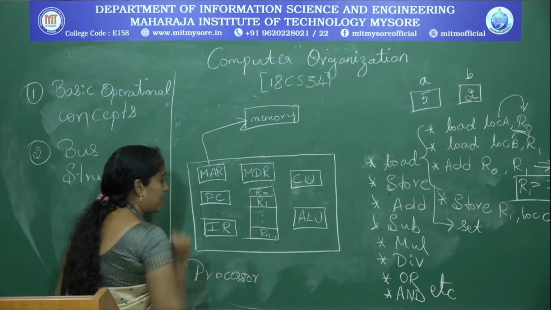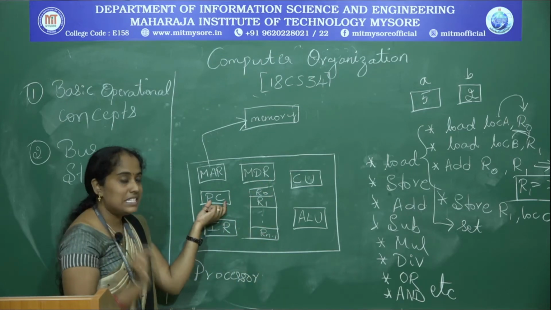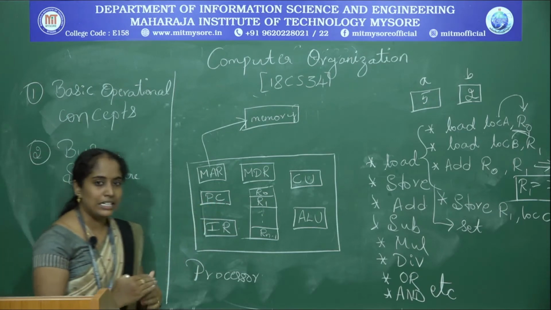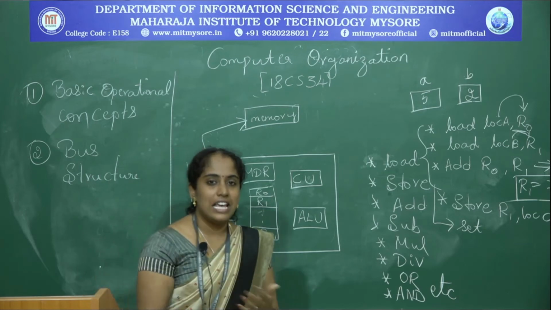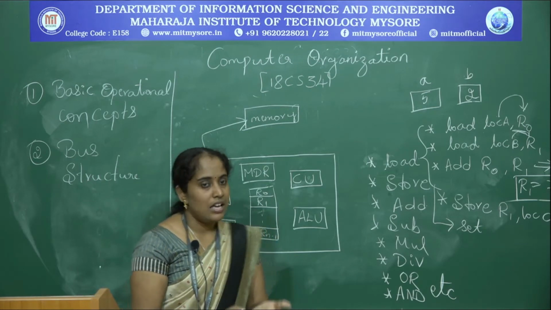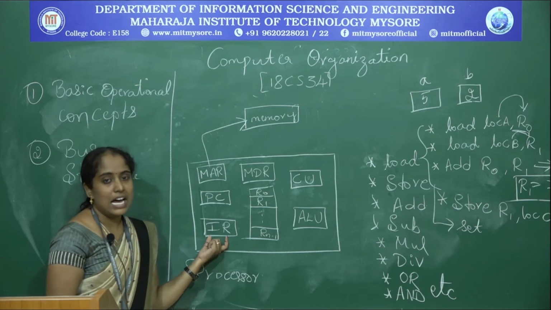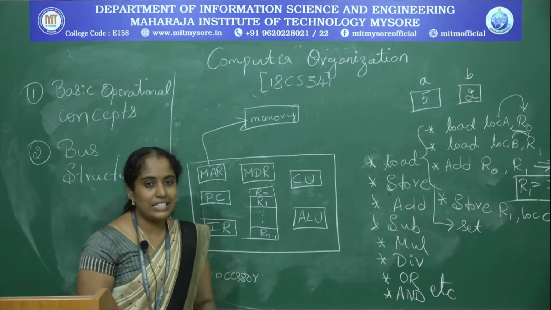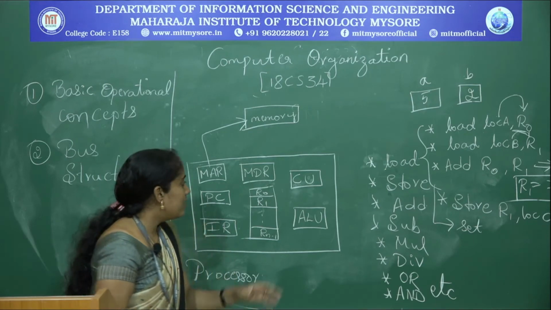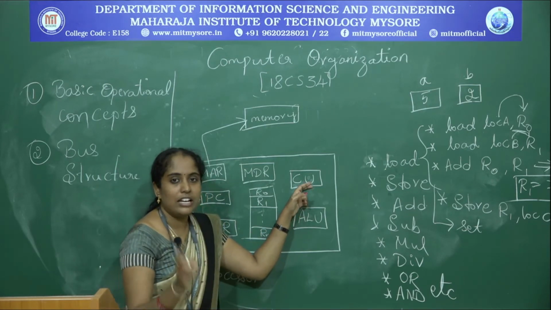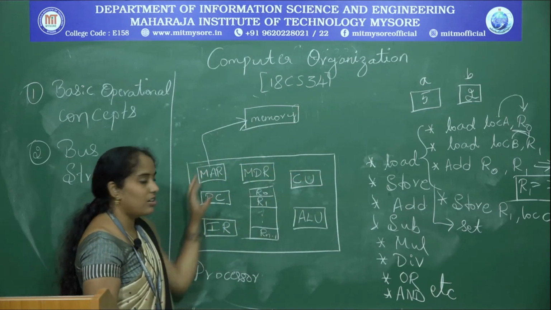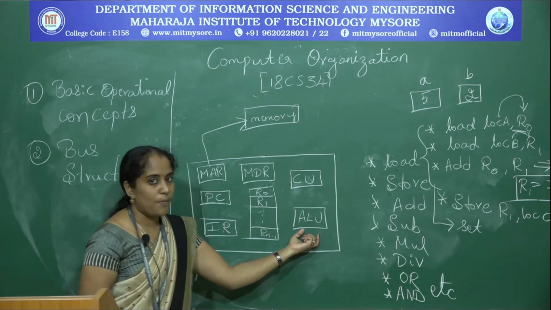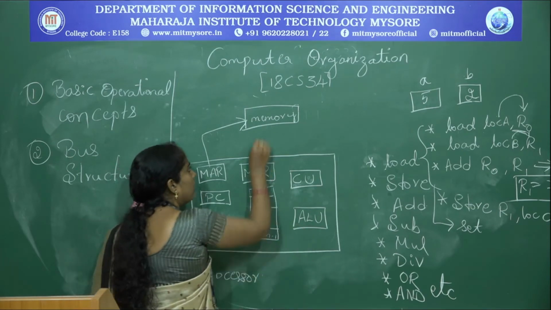Next is PC, the program counter. It will contain the address of the next instruction to be executed. And next is IR, the instruction register. It will contain the instructions. The CU is the control unit, it controls all operations of your computer, and the ALU is used for arithmetic and logic operations, right? Okay.